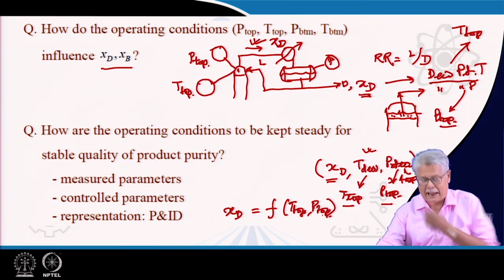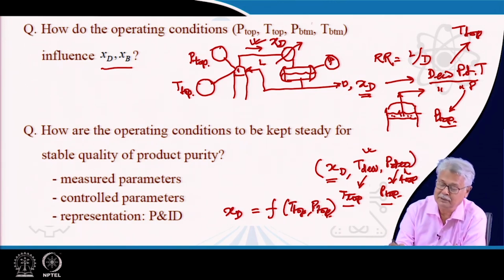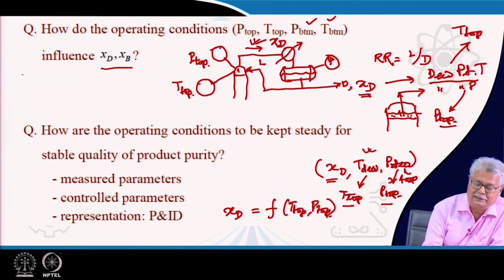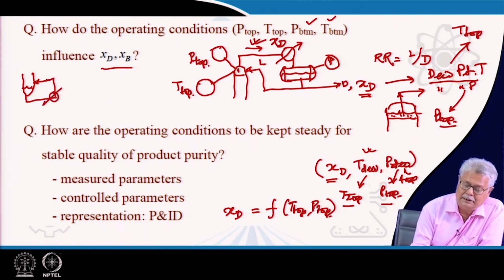Now, I would like to add something more about the bottom section. If you look at the bottom section, which has a liquid, part of the liquid is vaporized and put back, and this happens in a reboiler.